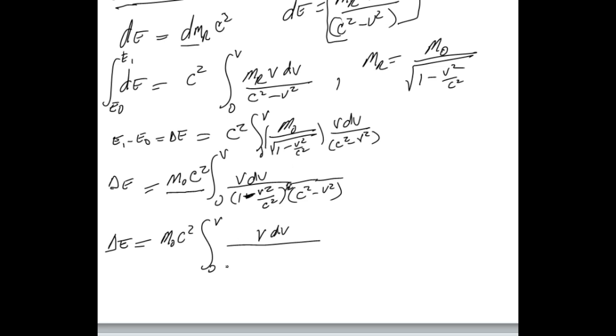So that's equal to 1 minus v squared over c squared raised to the power of 1/2 times c squared, I want to factor c squared out of there, times 1 minus v squared over c squared. So what I did was I factored a c squared out of here, and these c squareds cancel there and there.